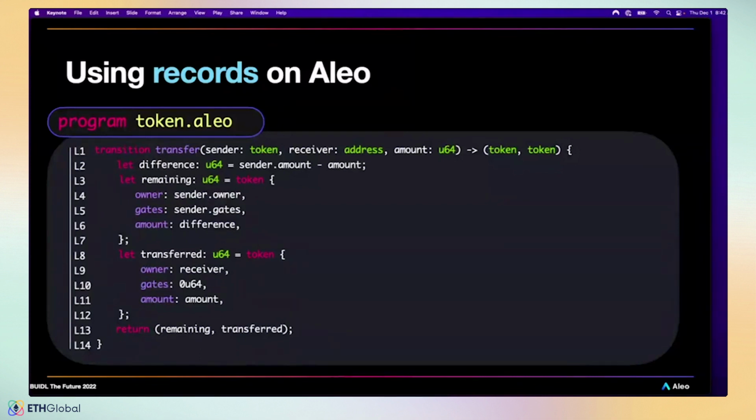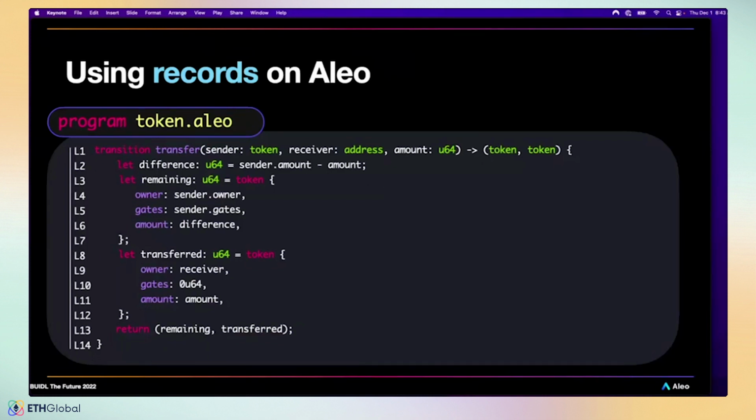So in line 2, we calculate the difference between the sender's amount and the amount that we want to send. Recall that Leo is safe math by default. So if this operation would overflow, the execution layer would be unable to produce a proof for it.